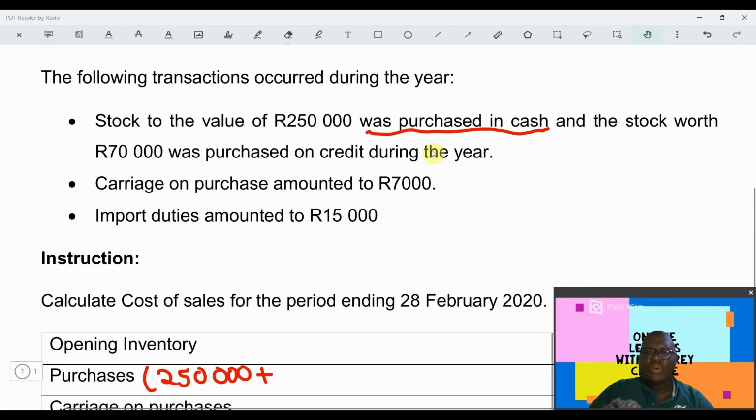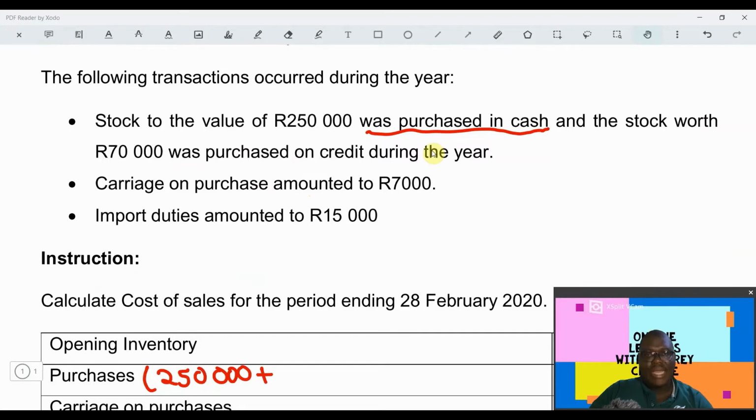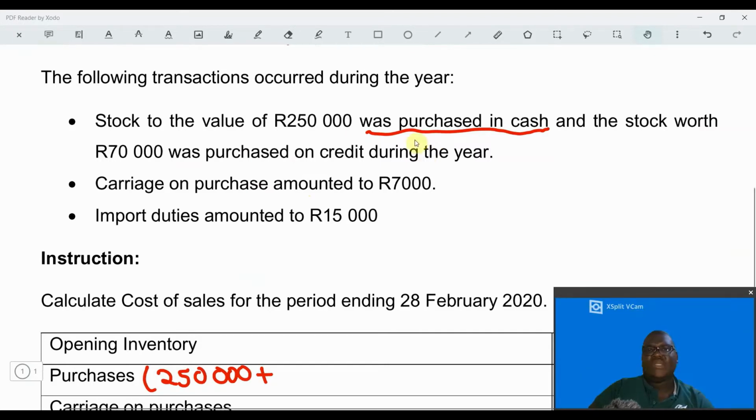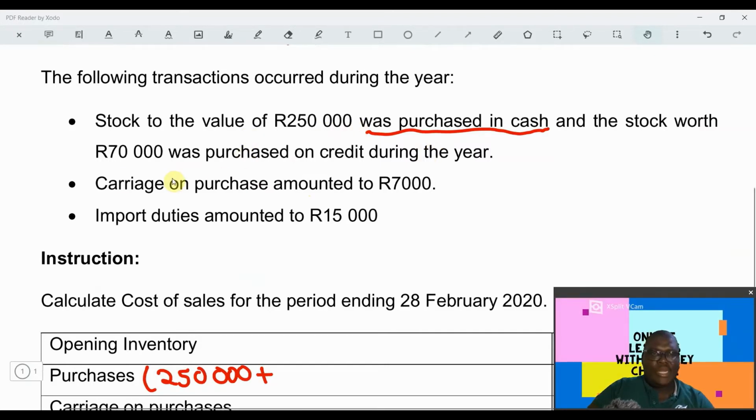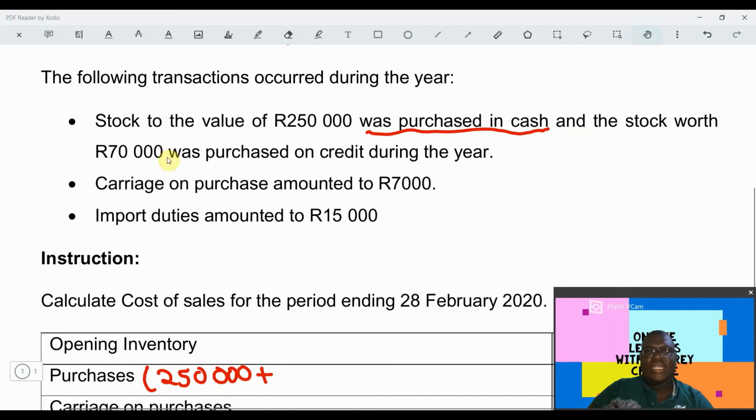So it means that we bought two times. We bought goods on cash for 250,000, and then we also bought an additional stock of 70,000 during the year. So this will increase our purchases account.